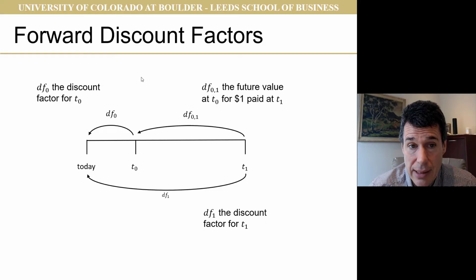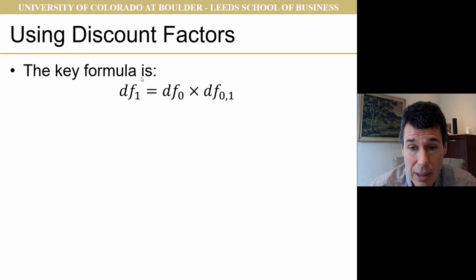Now mathematically, we have a really nice formula. Discount factor 1 equals discount factor 0 times discount factor 0,1. Basically saying that forward discount factor, DF01, makes us indifferent to which investment we have.